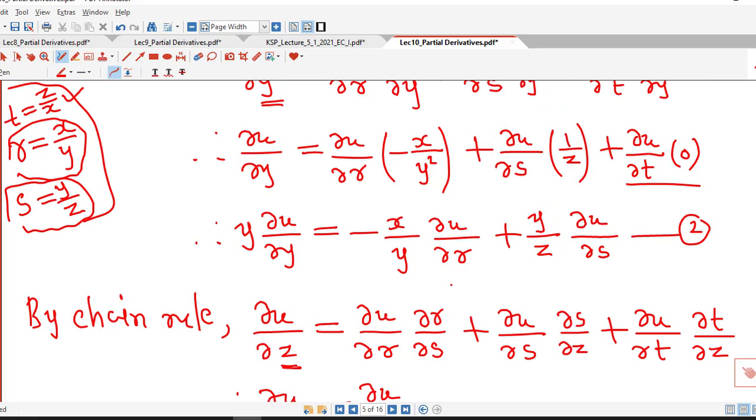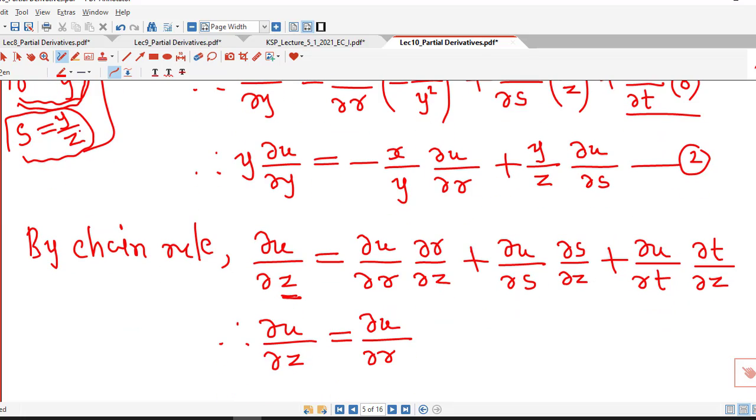Del r by del s, there is no s, sorry, I made a mistake here. Here I have to write z, so del r by del z, so there is no z in the formula for r, so it becomes constant.